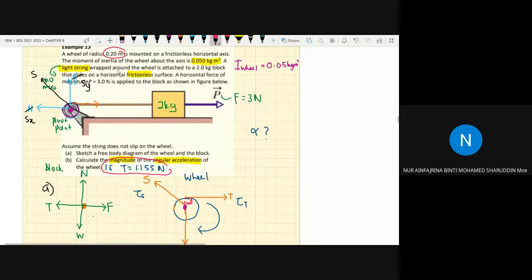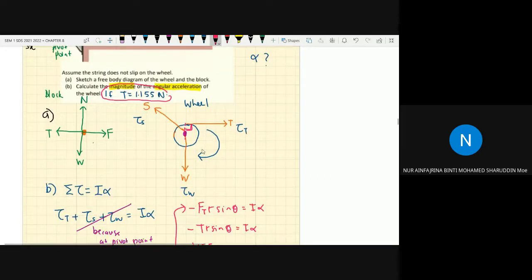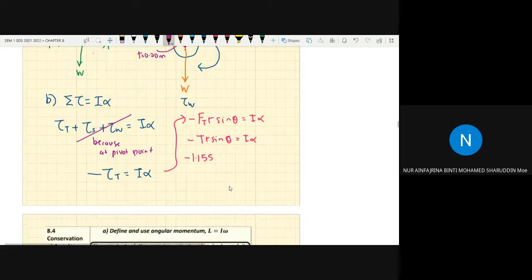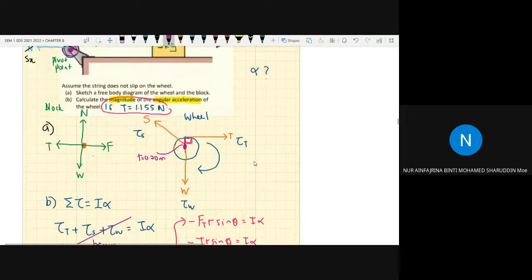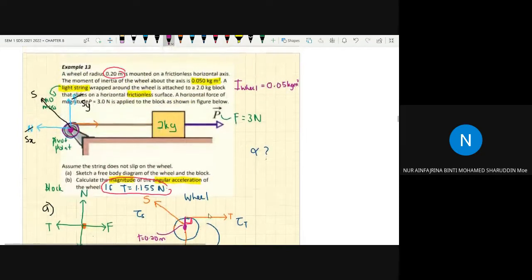Why 0.2? Because if you look, this is the distance, so this is the radius. So it is 0.20 meter, times sin 90 degrees, which means we made sure it is 90 degrees. Is the moment of inertia of the wheel given in the question? Given. This is 0.05.